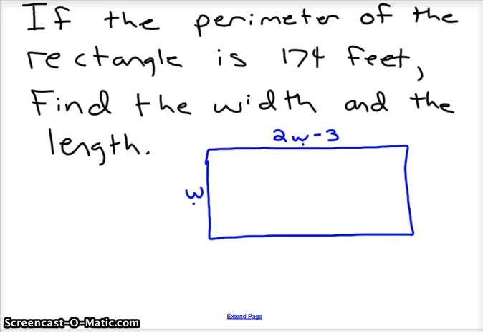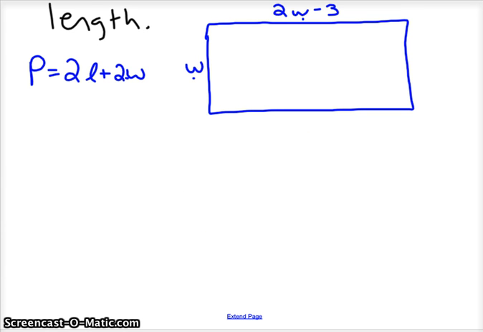And so for perimeter, you could use the perimeter formula. Perimeter is always equal to 2 lengths plus 2 widths. I always like to think of perimeter as just adding up all the sides. So we know this side's W and this side's W, so we have W plus W, plus the other two sides.